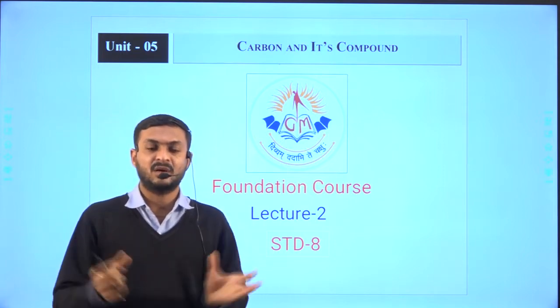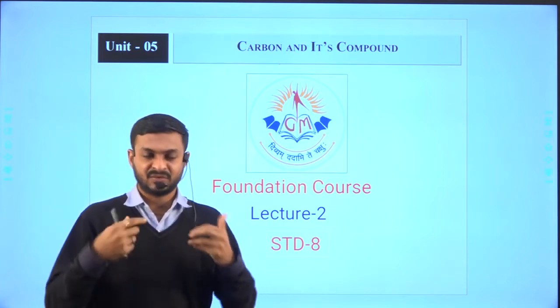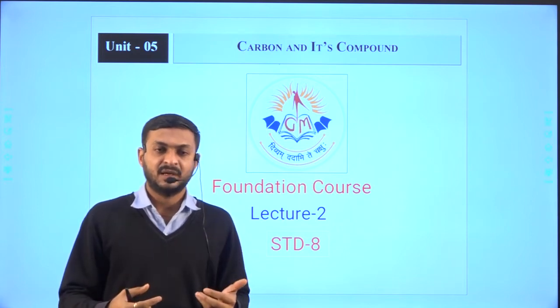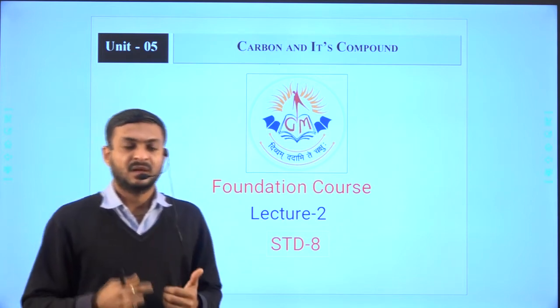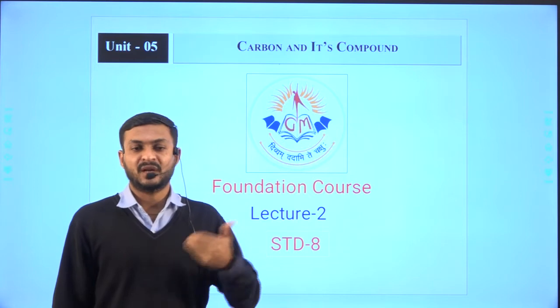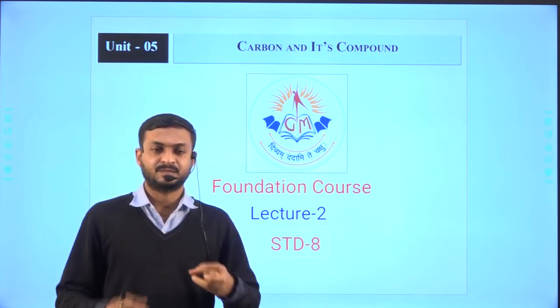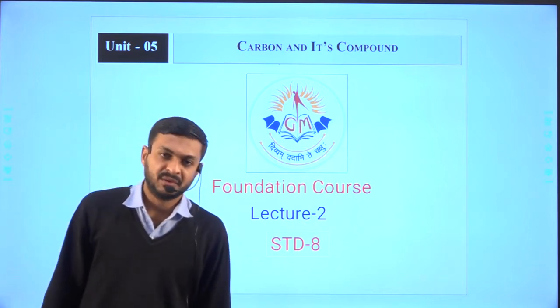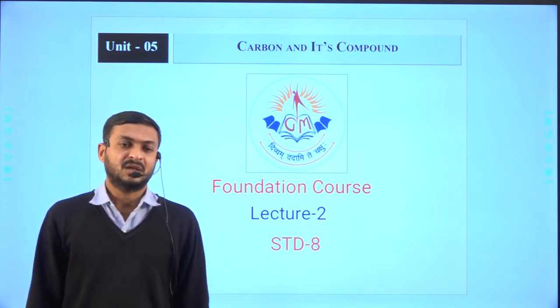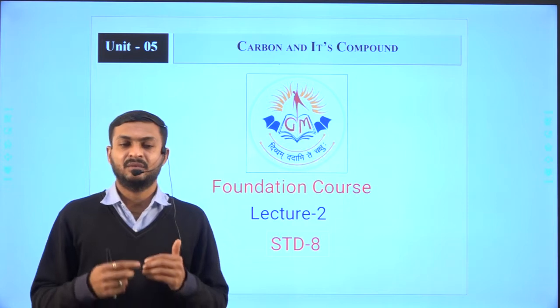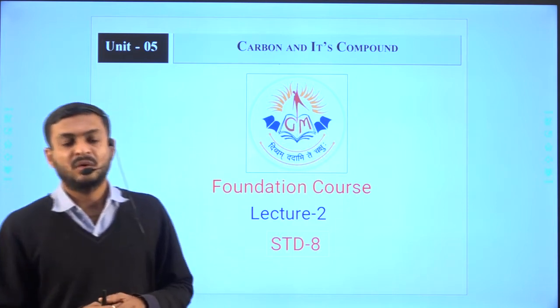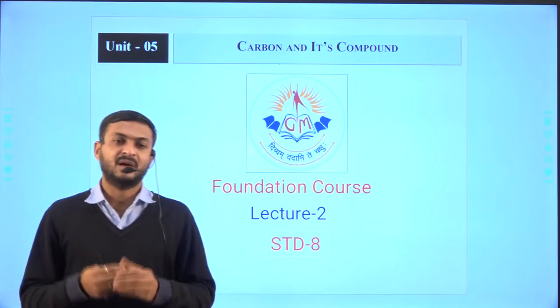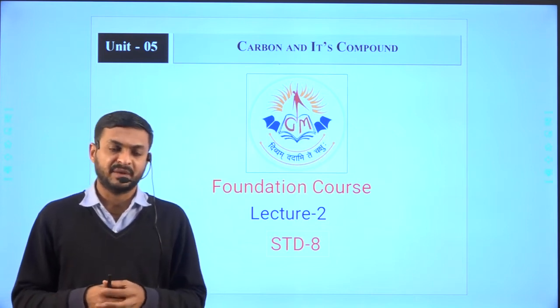The arrangement of carbon atoms in a specific manner is also shown in the fullerene structure. Today we are going to study the structure of fullerene, and then we will go into the classification of the remaining compounds of carbon.